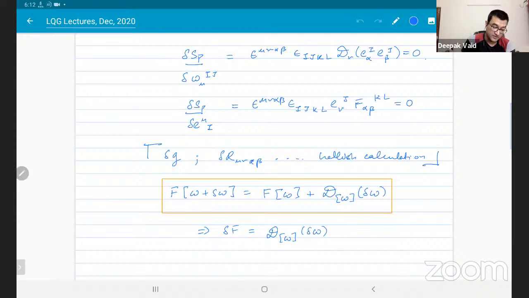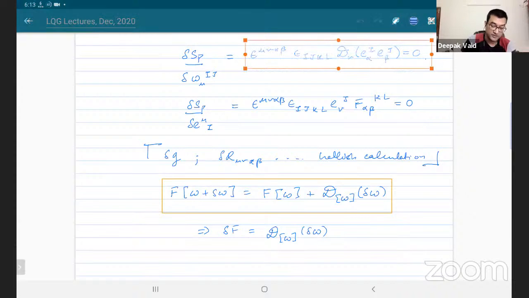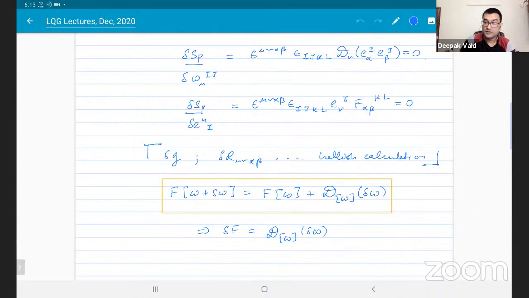Then we can ask how to find the equations of motion. For the equations of motion, you just do the variation with respect to the connection and the tetrad. If you do the variation with respect to the connection, this just gives you the metric compatibility condition. It just tells you that the tetrad is annihilated by the gauge covariant derivative.